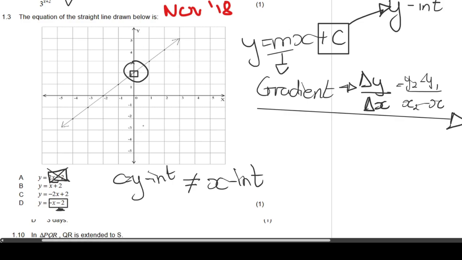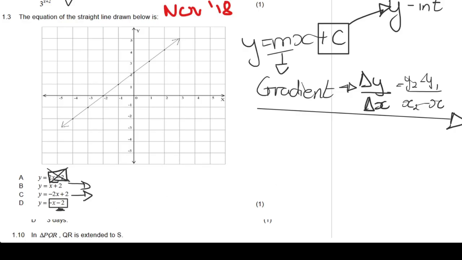Alright, so we're just left with these two equations, right? Now, how do we work out what the gradient is? Well, let's just take two arbitrary points. Let's take this point, which is, remember, x is first, it's in this form, right?